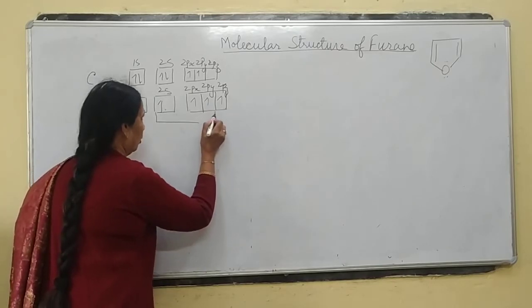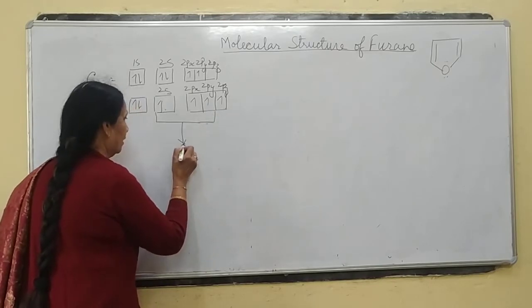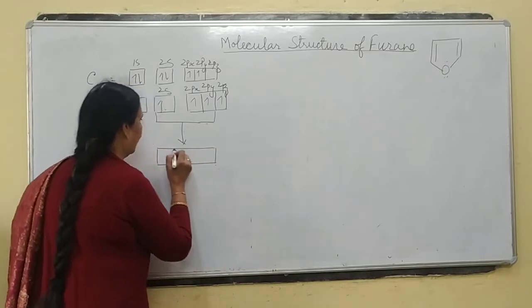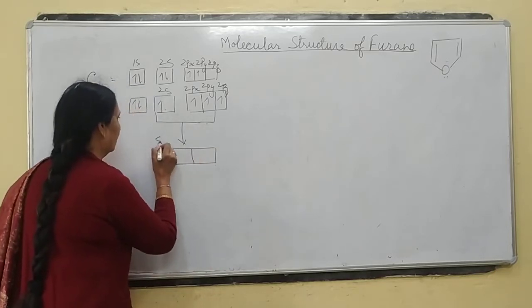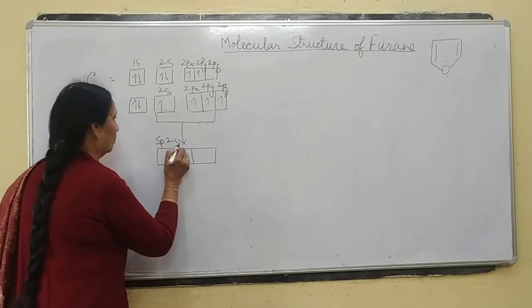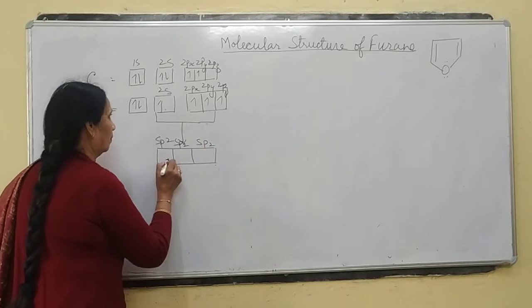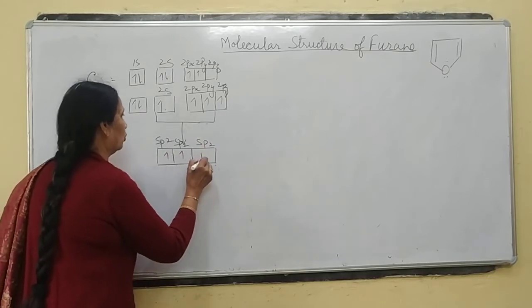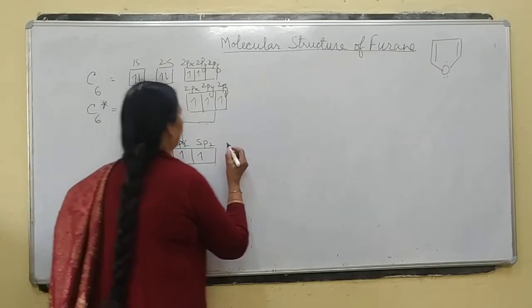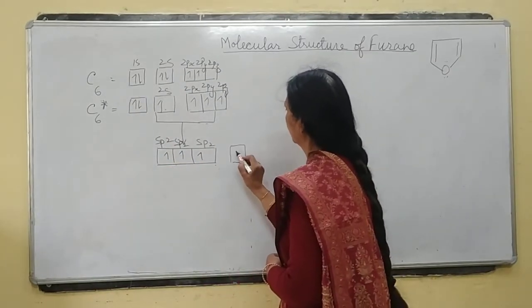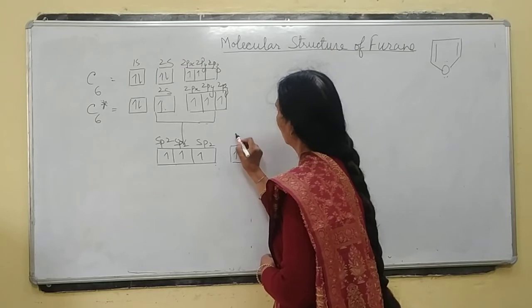These 3 orbitals hybridize, giving 3 sp2 hybrid orbitals having 1 electron each, and 2 pz orbital having 1 electron.